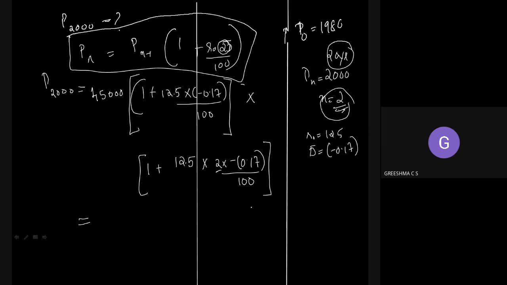This is how you have to calculate the projected population. Tell me how much you're getting by this method. We'll do it for the population for the year 2010 also, so it will be more clear to you.